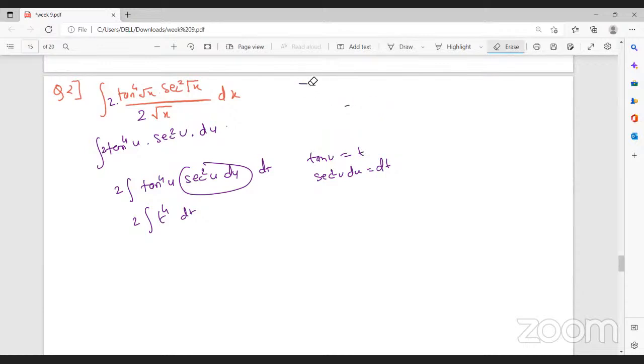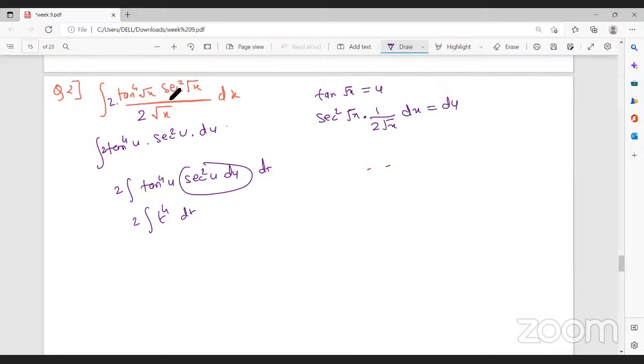So what if I use tan root x equals u, because I am already getting the derivative sec square root x? So I am putting tan root x equals u, so the derivative will be sec square root x. Now the derivative of root x will be 1 by 2 root x, that is dx equals du. Now sec square root x, one time we can do this.